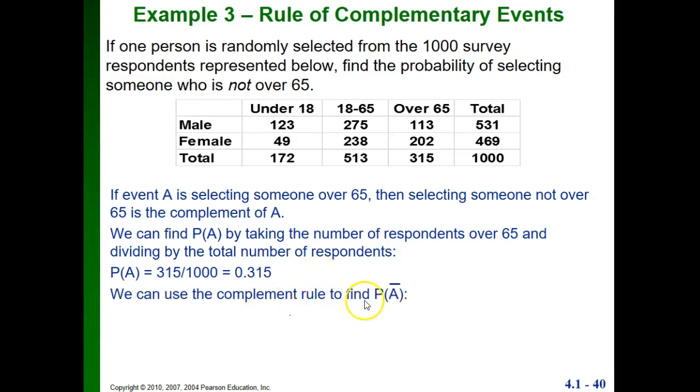We can use the complement rule to find the probability of A complement by taking this answer and subtracting it from 1. So the probability of A complement is 1 minus 315 over 1,000, or 685 over 1,000, or we could have just taken 1 minus 0.315, and that would give us 0.685.